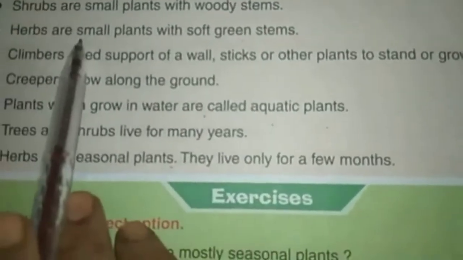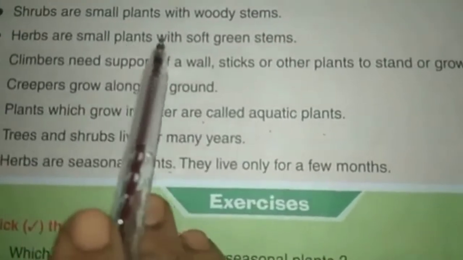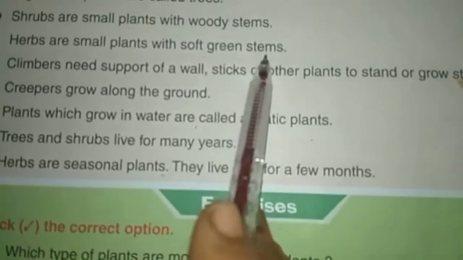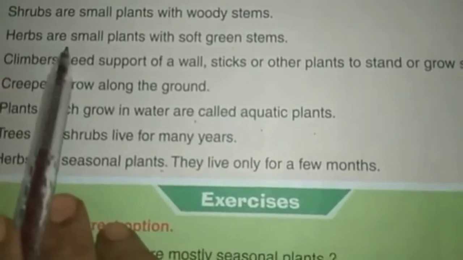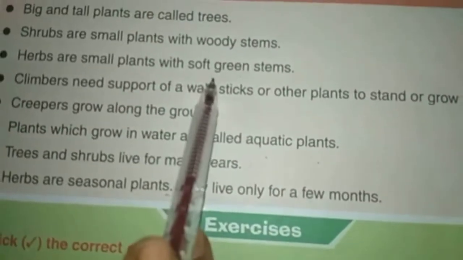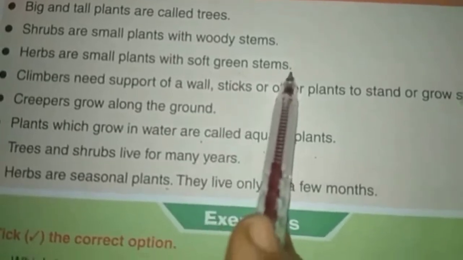Herbs are small plants with soft green stems.